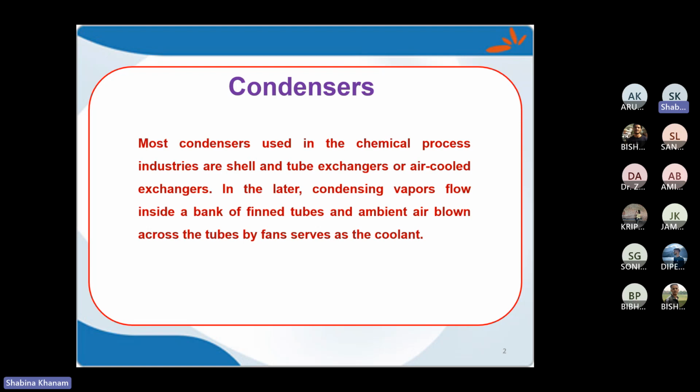You are aware of where these condensers are used as far as chemical process industries are concerned. We will discuss some applications of the condenser, though I believe you are already aware of them.